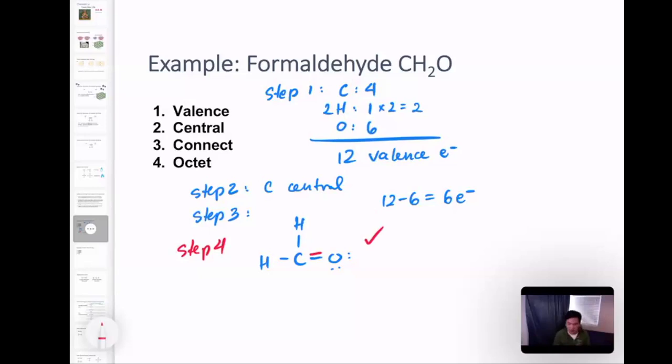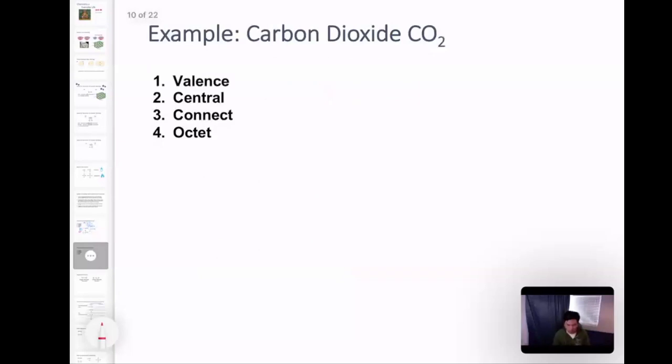So this, in fact, is the Lewis structure for formaldehyde. Again, always check: do we have the total valence electrons correct, and is everyone happy with a duet or an octet? All right, let's do this one more time. Let's do this with carbon dioxide, CO2.